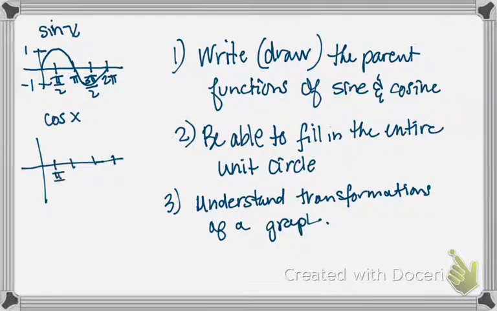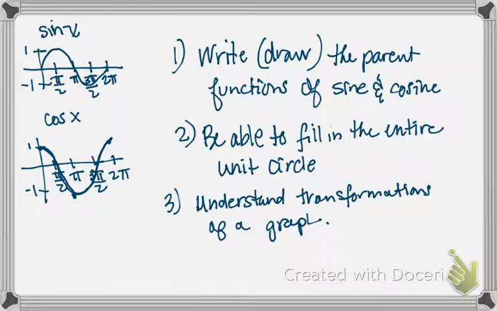So this is pi over 2, pi, 3 pi over 2, 2 pi. Okay, 1 and negative 1. And by the way, if you're struggling with graphing, get some help. If you're trying to do this when I'm not there, go see a tutor, and then when I get back, I can help you. Okay, so those are the two parent functions. Make sure you know how to draw them and understand them.